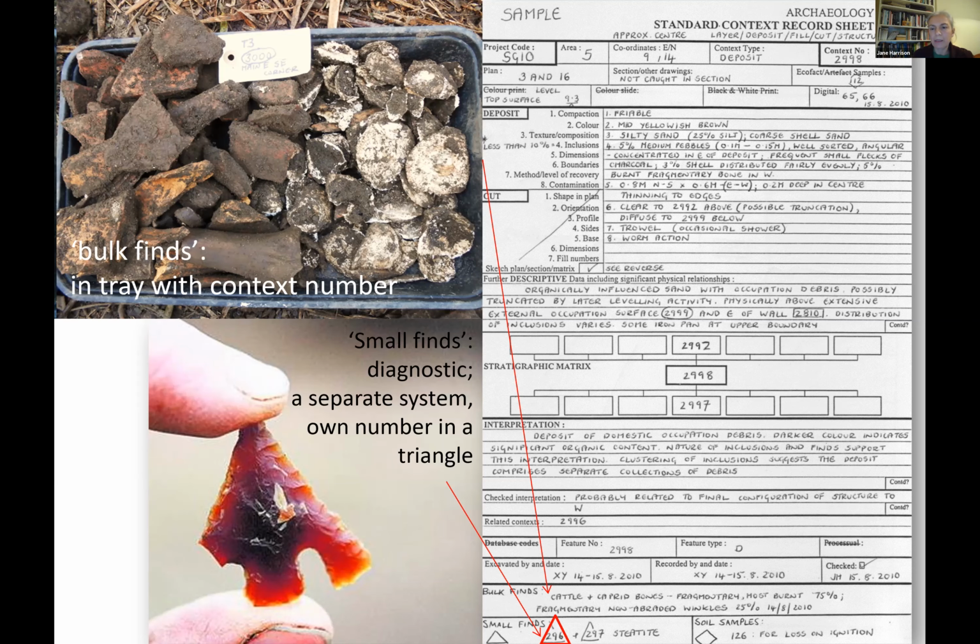So you have to think a bit about what you're recording in this way, because these small finds, these special diagnostic finds, have a whole separate numbering system, their own number, which goes down here in a triangle, and they have their own separate recording system and are dealt with in a slightly different way, because you have to locate them precisely in space. So not just with their site grid reference, but also with their height above sea level.